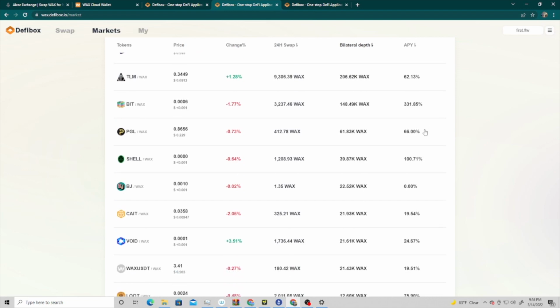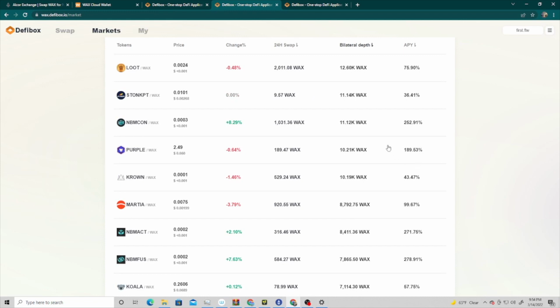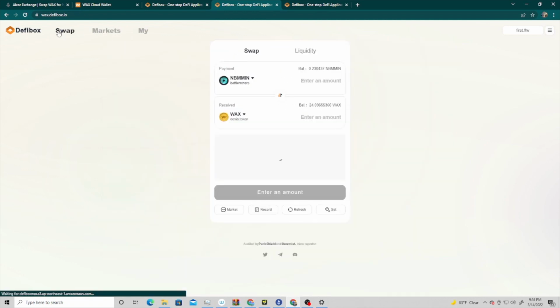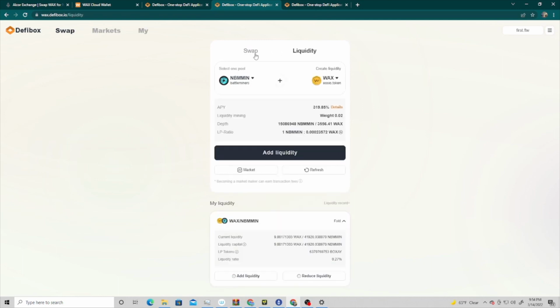So you can come here, markets, look through the APYs, find tokens that you want to contribute, that you're okay with the risk of holding either side of that pair, and then put those into a liquidity position like we did up here by just going to the swap tab, selecting your assets and clicking the liquidity button. And then you'll see they'll get added here, and that's it.